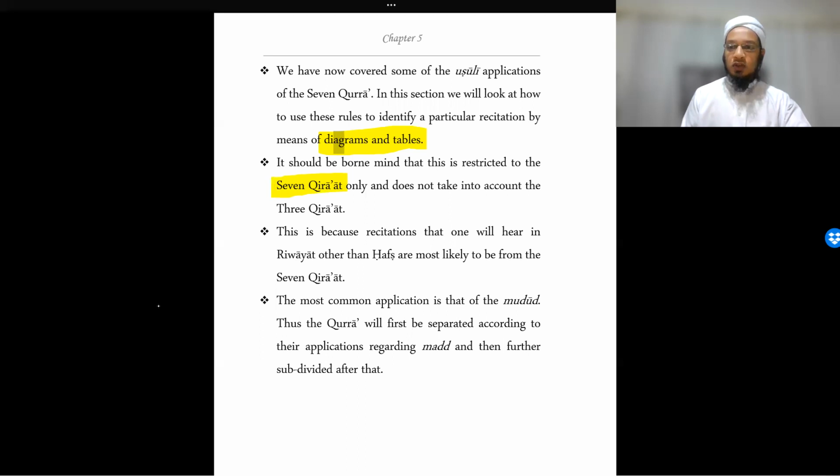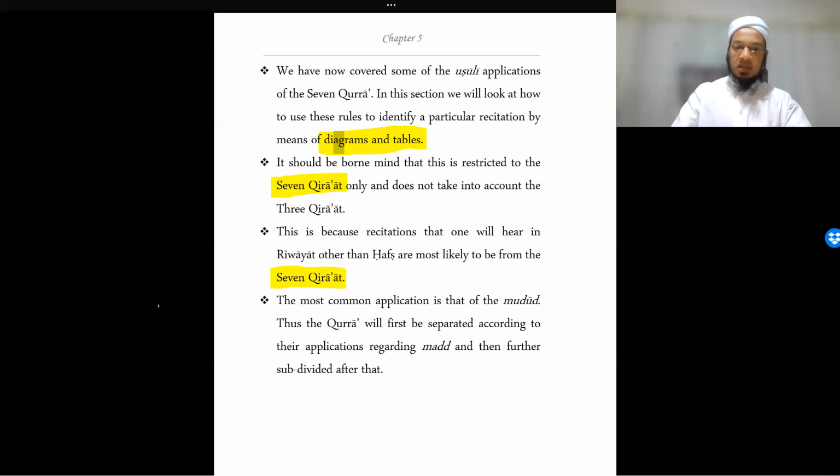So we're going to be assuming that whenever you hear any recitation other than Hafs, it is from the Sab'ah. You first bear that in mind, and then afterwards consider the possibility of it perhaps being one of the 3 qira'at. Why? Because most of the recitations that you're going to hear, other than Hafs, are going to be from the Sab'ah.